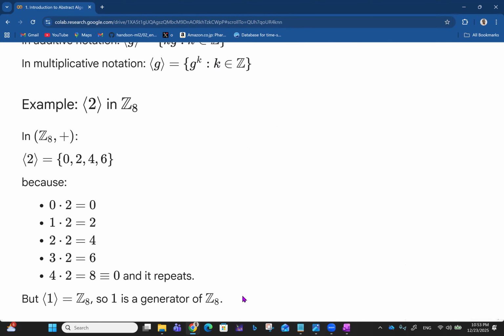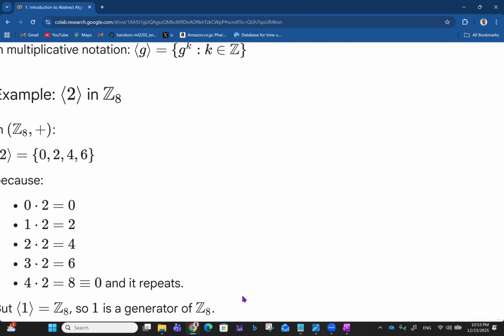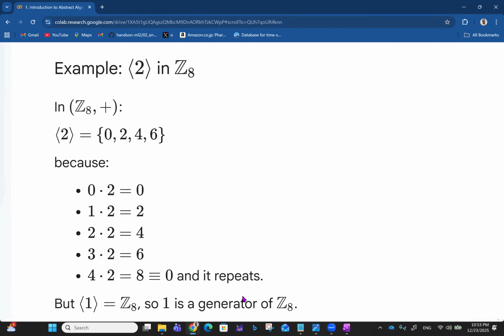So imagine this example like this. We have 2 in Z8. Under addition, that would just be 2 times all the possible numbers. I'll just explain it, then I'll go over to the worksheet and explain better. So 2 in Z8 now.